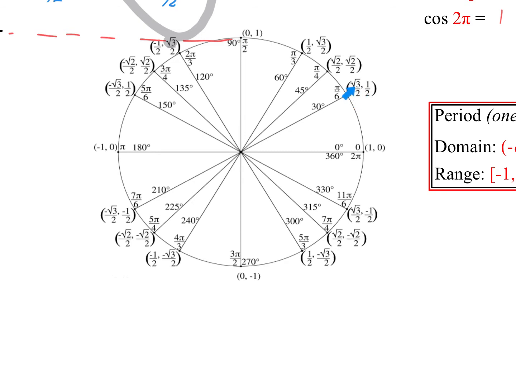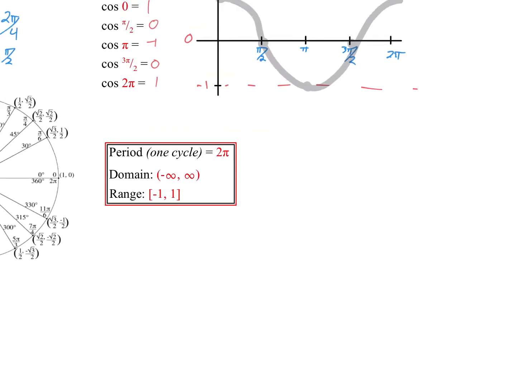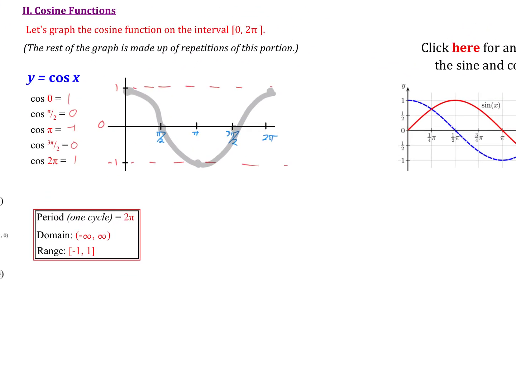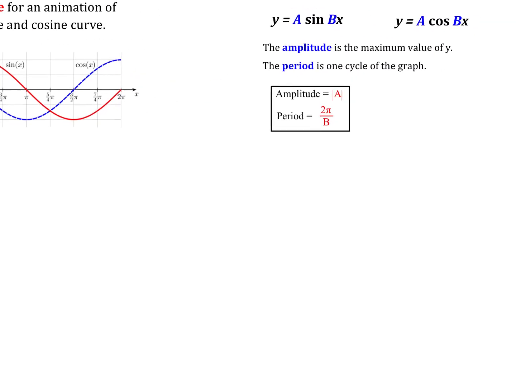So for instance, here I see rad 3 over 2 as a cosine value, but later on it shows up as a sine value. Conversely, I see 1/2 showing up as a sine value. Later on that shows up as a cosine value. So they all go through those same angle measures and the same cosine and sine ratios. They just kind of show up at different spots.